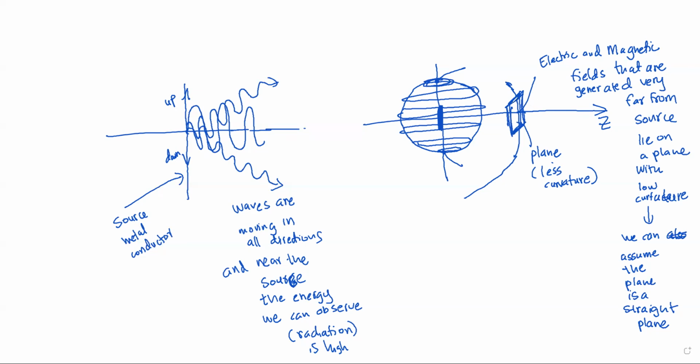So the simplest form of electromagnetic wave that is generated can be observed at a very far location from the source, right? So if the source is here, if we are observing at a very far location from the source, we can observe this kind of a wave.